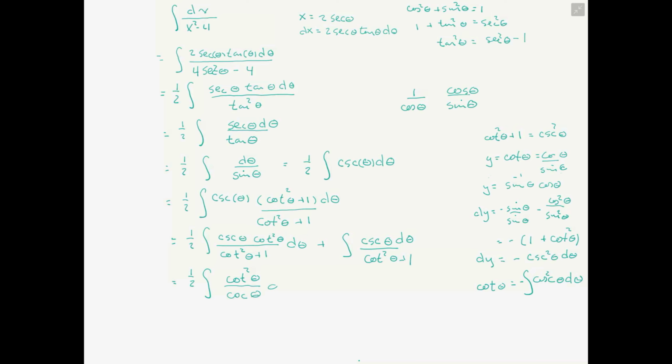That then leaves us with 1/2 cotangent squared theta on cosecant theta d theta plus cosecant theta on cosecant theta d theta squared.